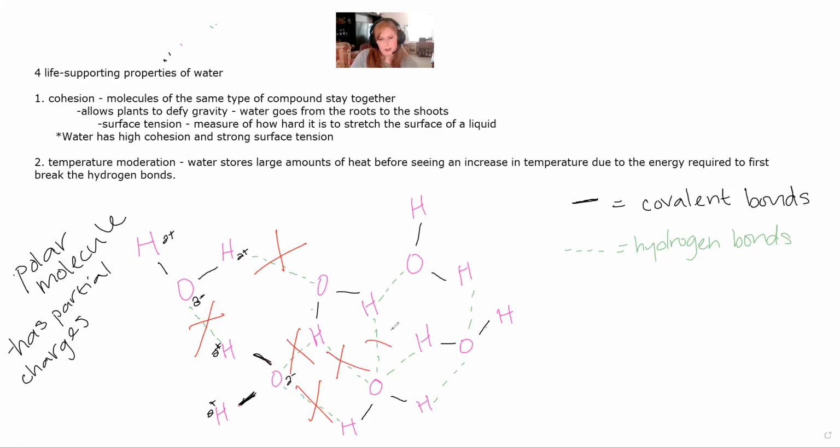When the hydrogen bonds are broken, it allows water to change states from liquid to a gas. That's why when water starts to boil, steam starts to come off, because that water is changing from its liquid state to its gas state as the temperature increases.